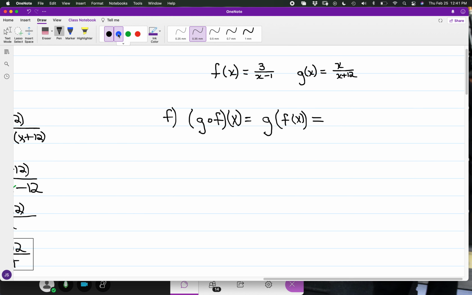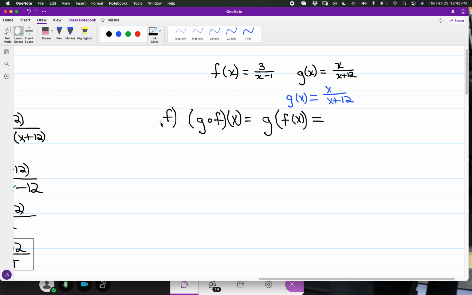Now the output function is g of x, so g of the input is equal to the input all over the input plus 12.